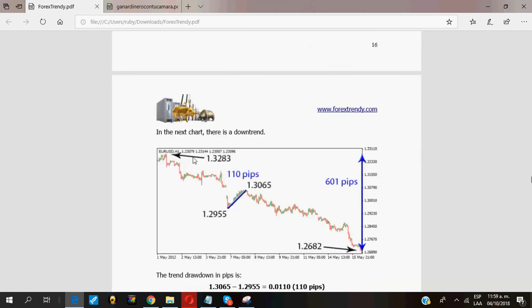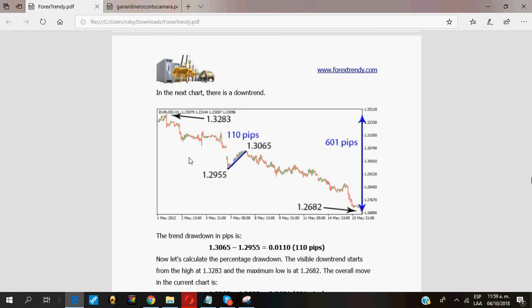Here is a downtrend. The trend drawdown in pips is 1.3065 minus 1.2955 equals 110 pips. Now let's calculate the percentage drawdown. The visible downtrend starts from the high at 1.3283 here, and the maximum low is at 1.2682.